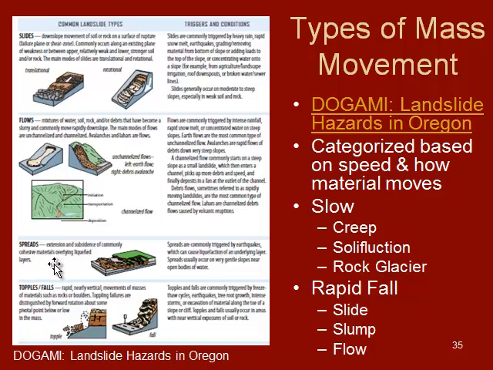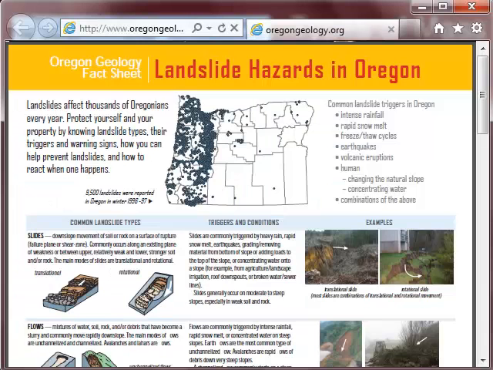Spreads a lot of times are very similar to slides or slumping. Slow mass movement includes rock glaciers, solifluction, and creep. We'll talk about those in the next couple videos. Rapid would be fall, slide, slump, and flow. So these are ones that are moving too fast for you to be able to keep up with.